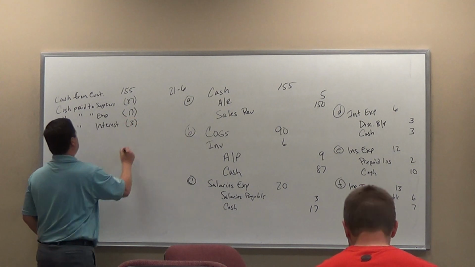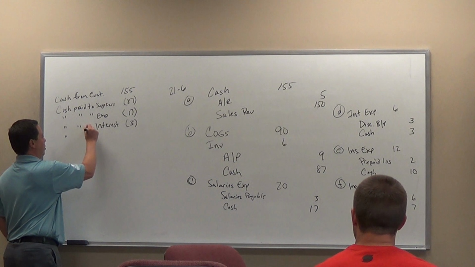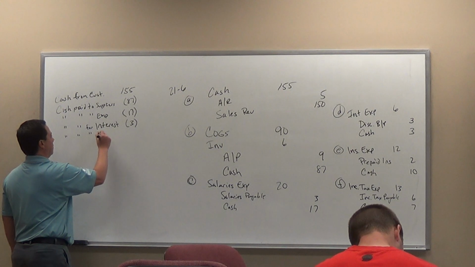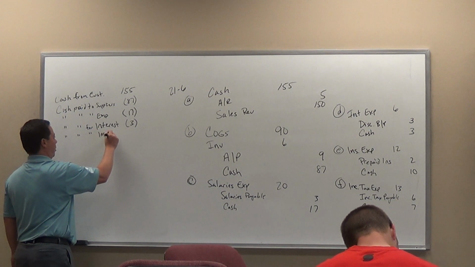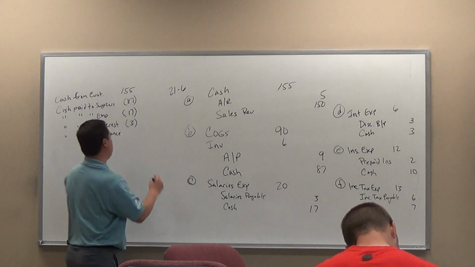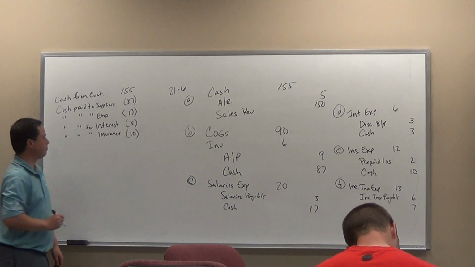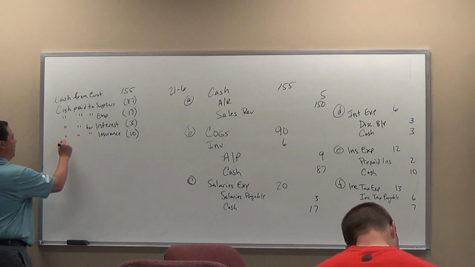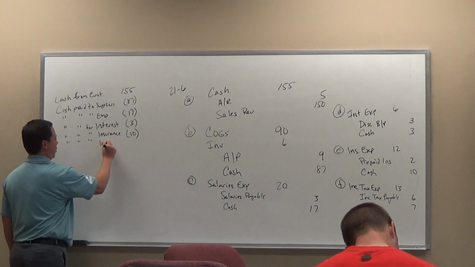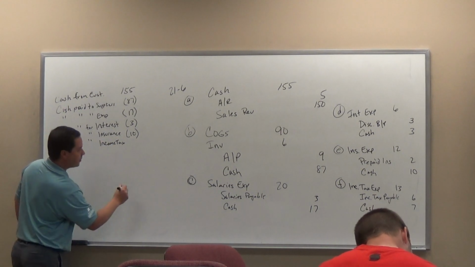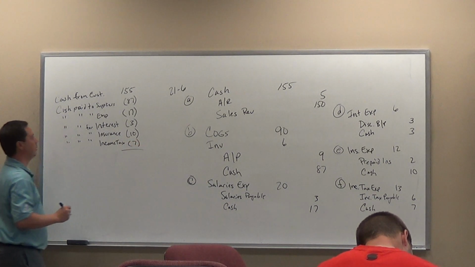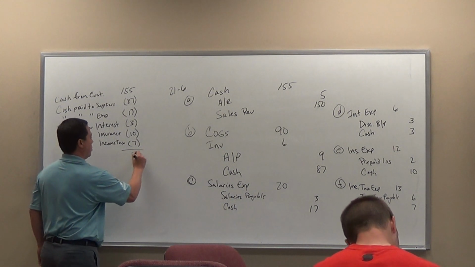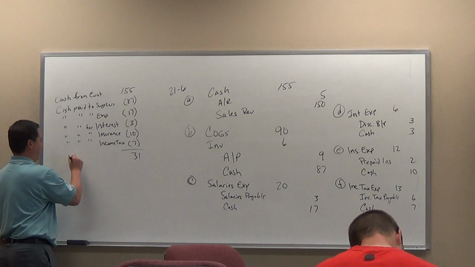And that was 3. Cash paid for insurance, that is 10 we paid. And then cash paid for income taxes, that is 7. So what do we have there? 31. So that's our cash flows from operating activity.